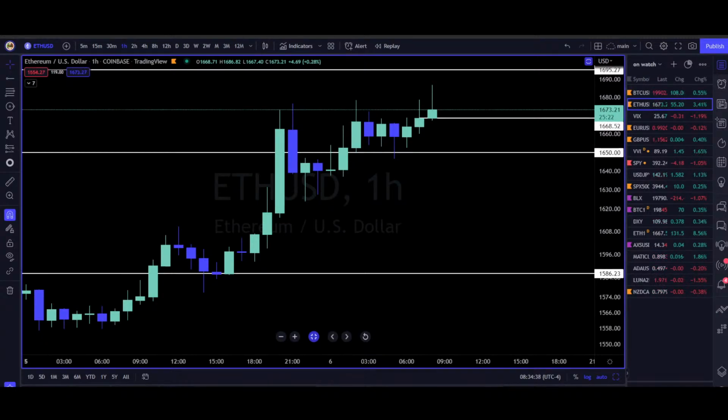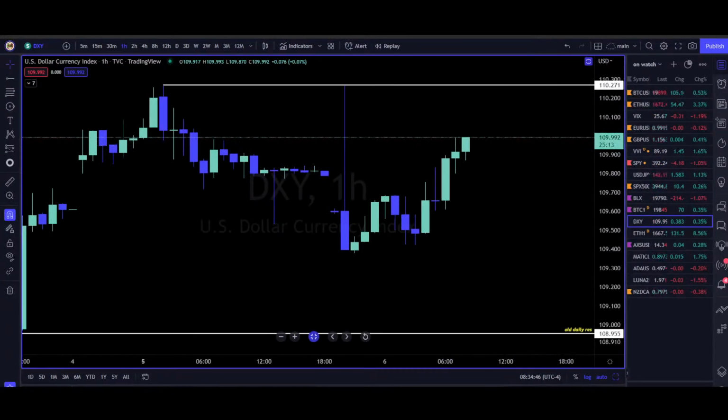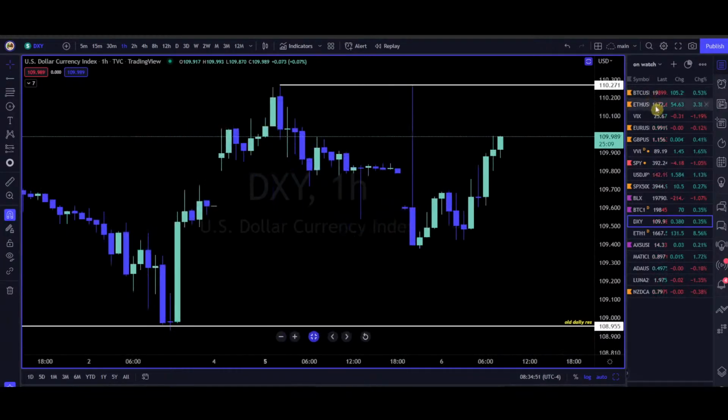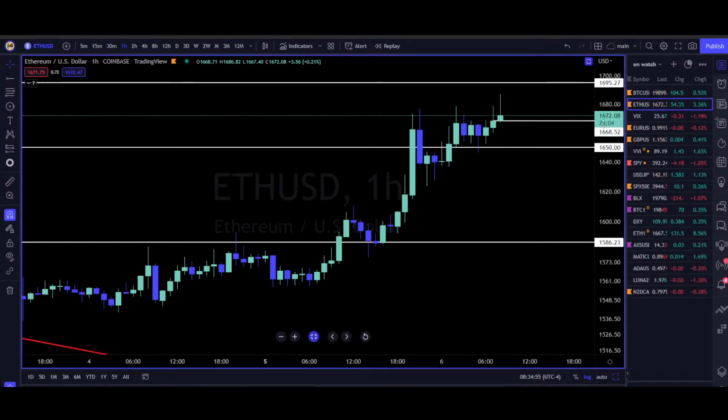Still got a ways to go before you're under that. And still, like I said, it's gonna be whatever happens here. DXY is still pumping, so maybe this short on Ethereum will work now. Even though it did not get up to daily resistance. That's where we would love to get it.